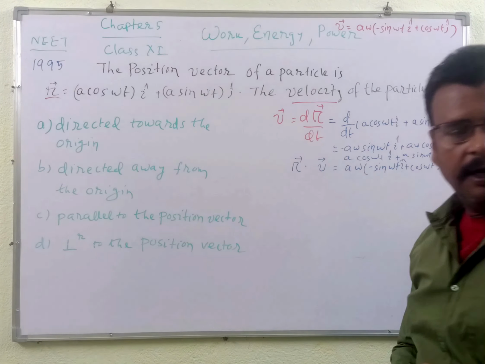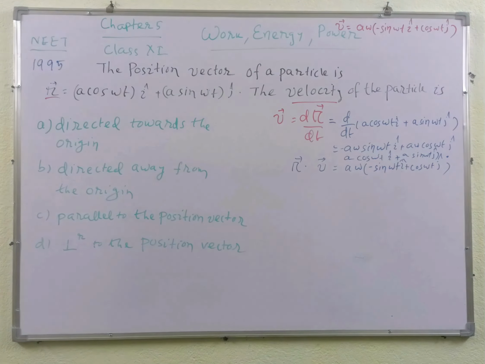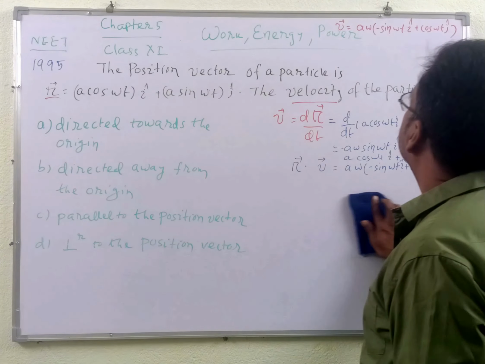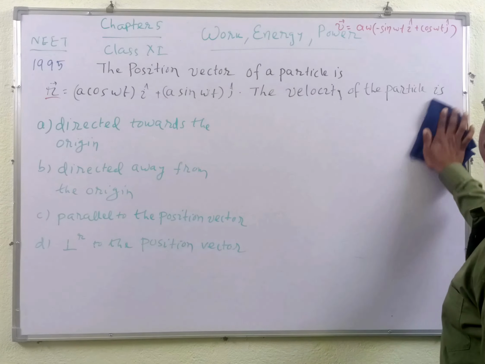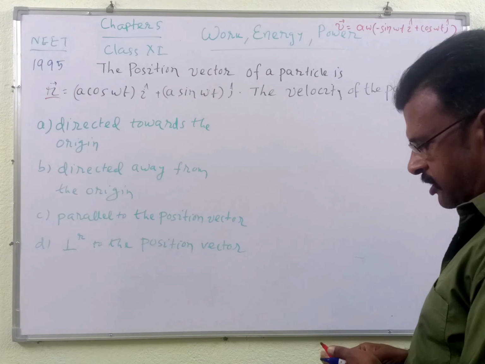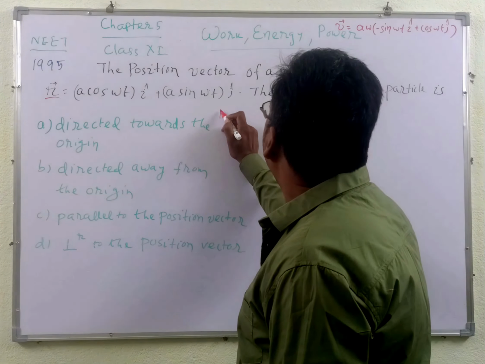Write it here. Let us clear the blackboard, students, so that we can evaluate the r dot v clearly, student. It will not be clumsy. Then what will be r dot v?